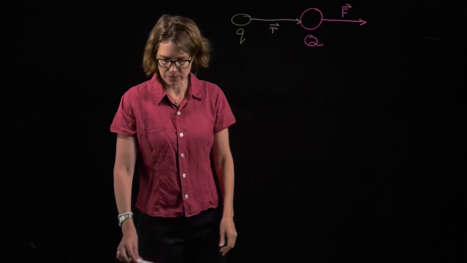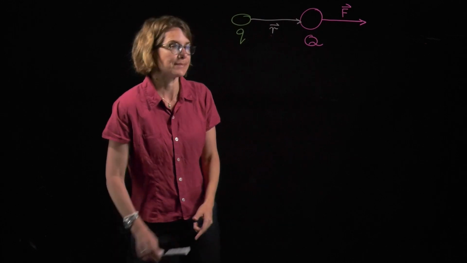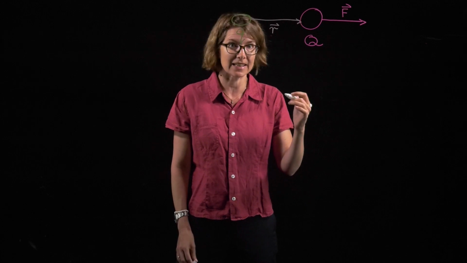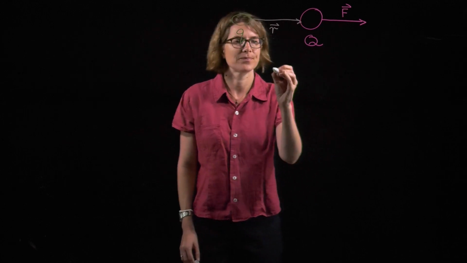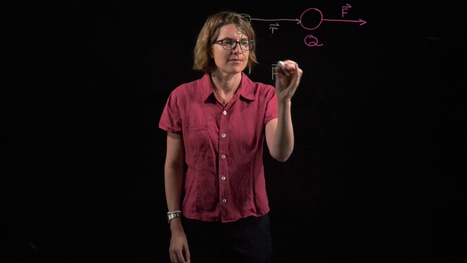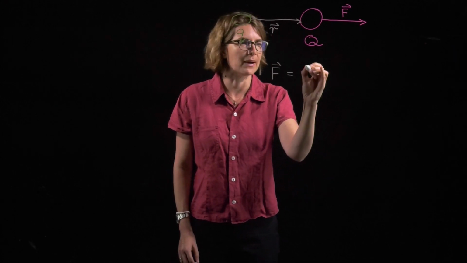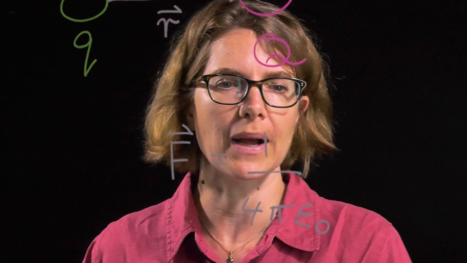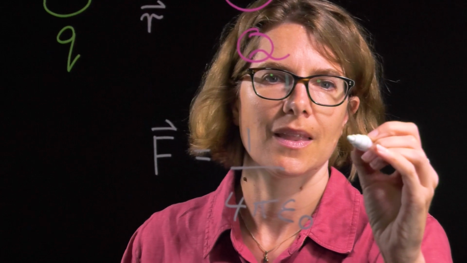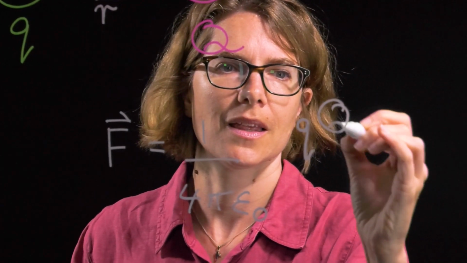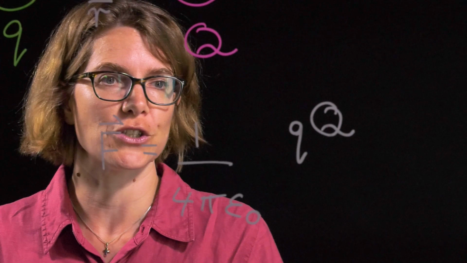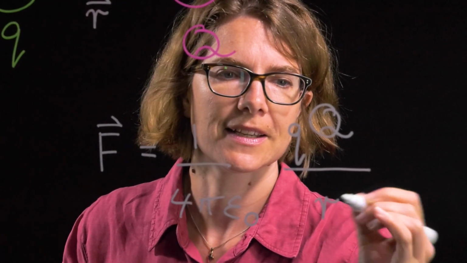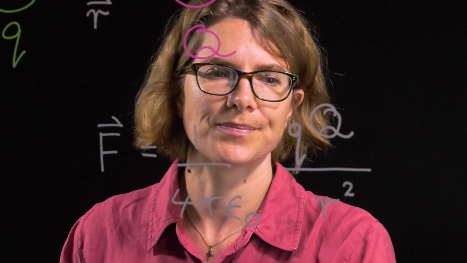We can write out Coulomb's law formally, and that will actually allow us to calculate exactly the force. So the force is given by a series of constants, 1 over 4 pi epsilon naught, by the magnitude of those two charges divided by the distance squared.